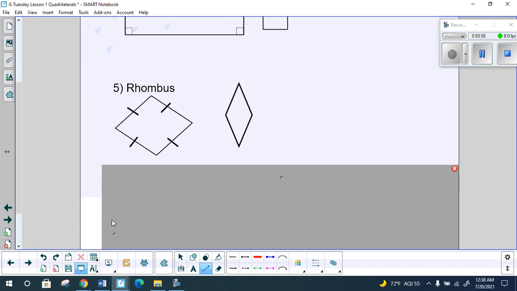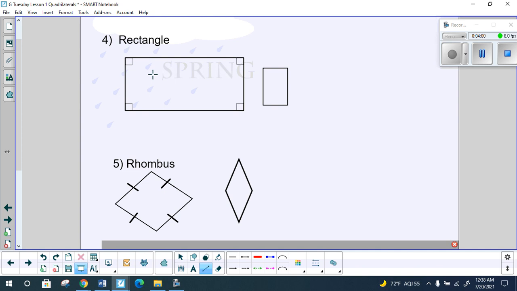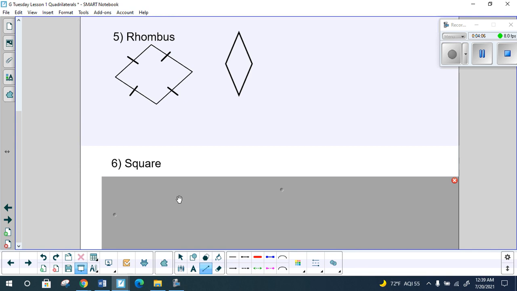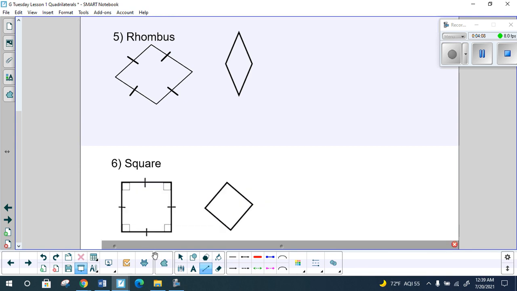And so a square takes both of these. It's kind of like these 2 got married and had a baby, and the baby got all the characteristics because it has 4 right angles, 4 congruent angles, and it has 4 sides that are equal to each other. So that's a square.